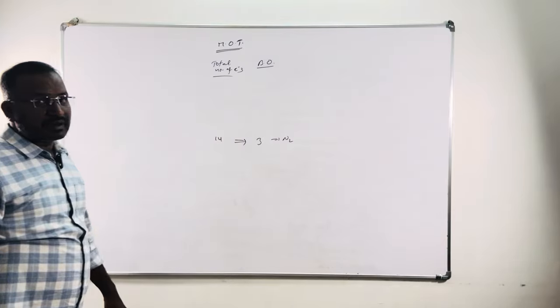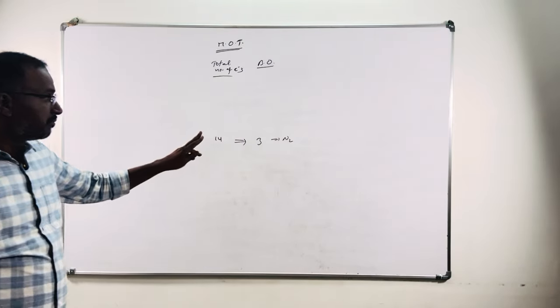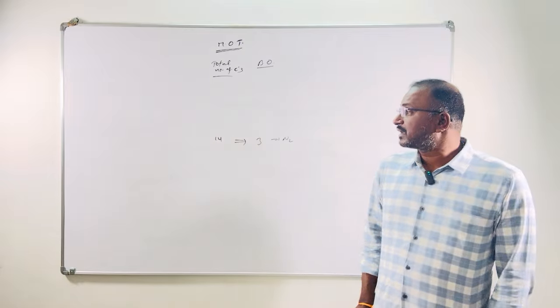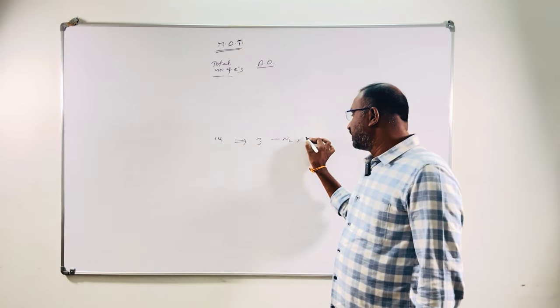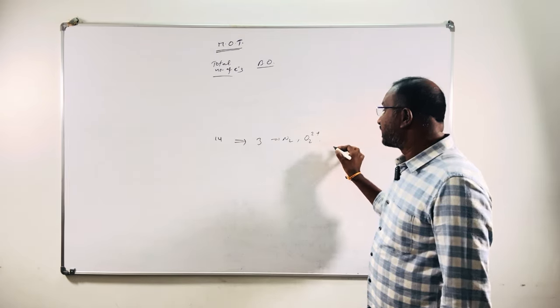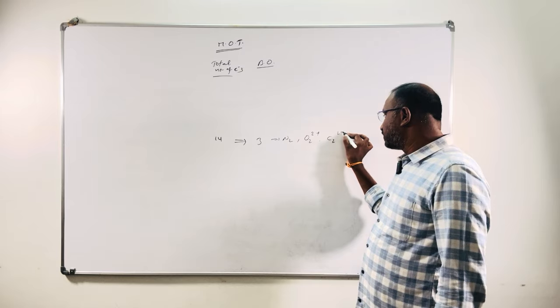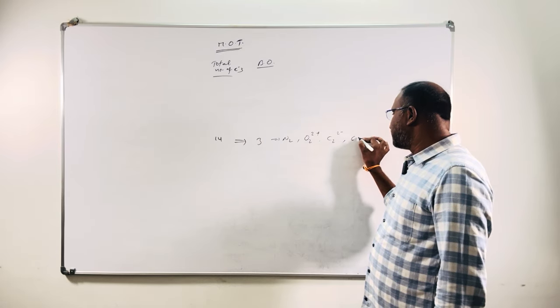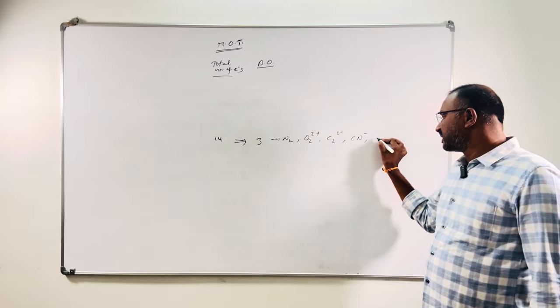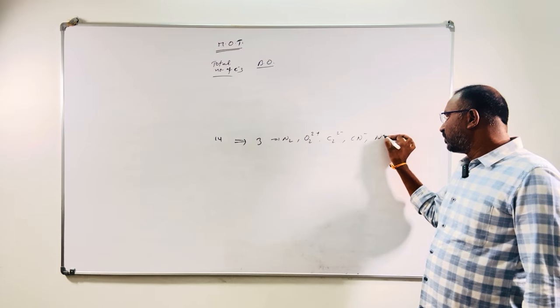If the total number of electrons is 14, bond order will be 3. The 14 electrons may be present in N2, O2 2+, C2 2-, CN-, NO+.